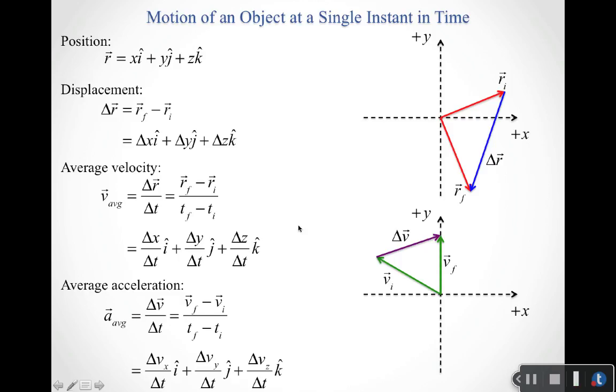The last quantity we talked about was average acceleration. And again, we said we're going to do the same type thing we did with the average velocity, just instead of wanting the change in position, now we want the change in velocity vector. So again, we're going to take our change in velocity vector, so final velocity minus initial velocity, and again divide it by the time between our 2 points in time.